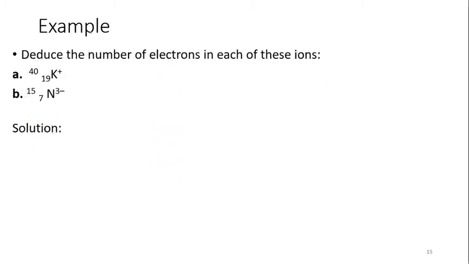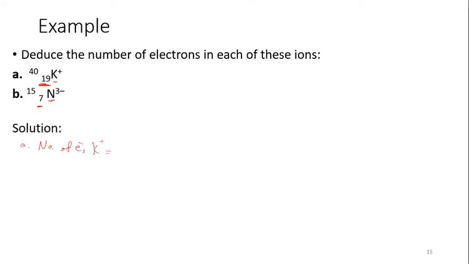Another example: deduce the number of electrons in each of these ions. Potassium 19 with a positive charge and nitrogen 7 with a charge of minus 3. First, the number of electrons in a neutral atom should be 19 for potassium, and in the case of nitrogen would be 7. So let's first find the number of electrons in the case of potassium positive.